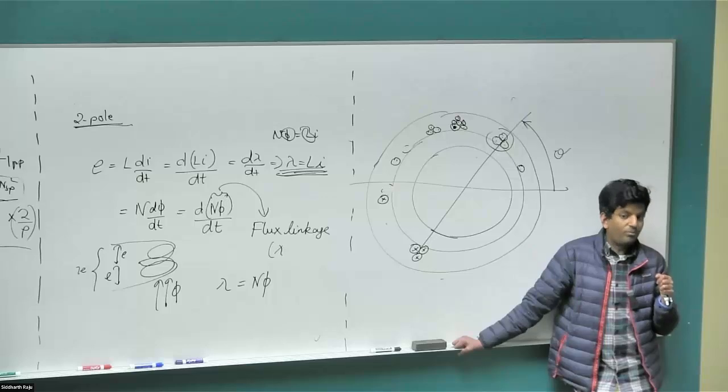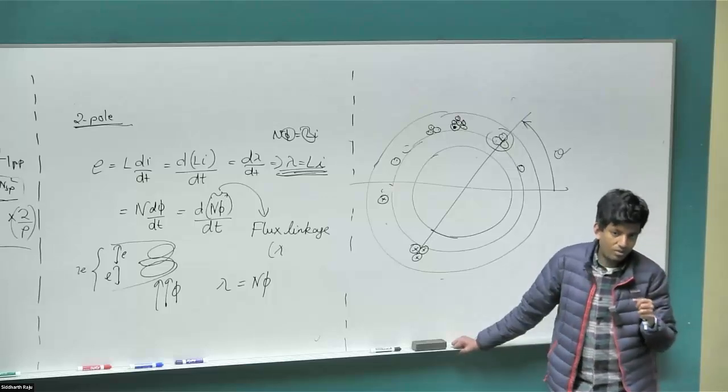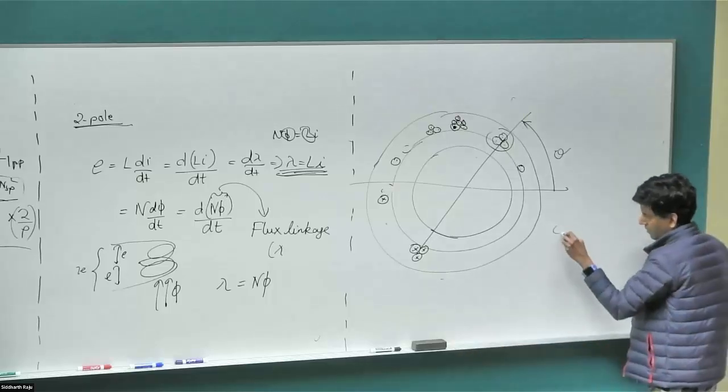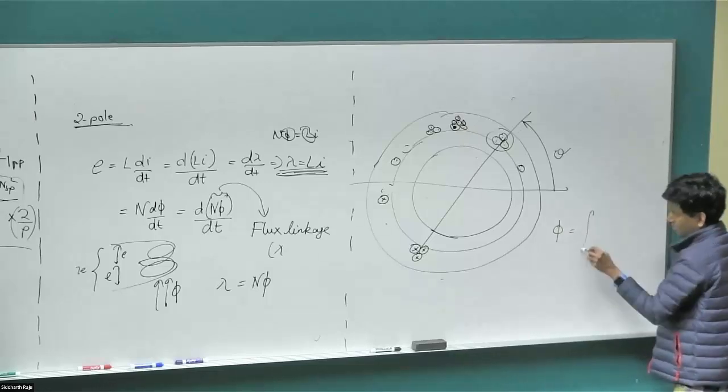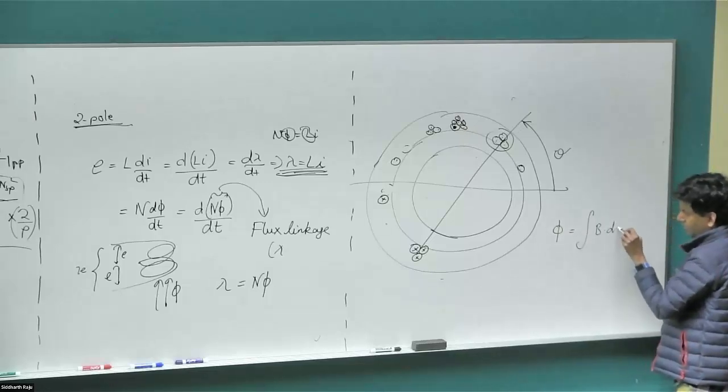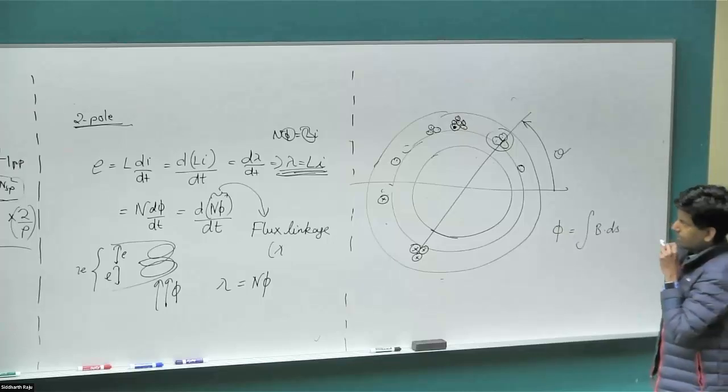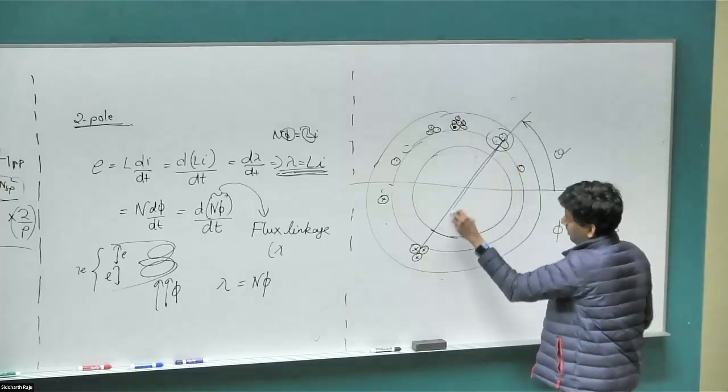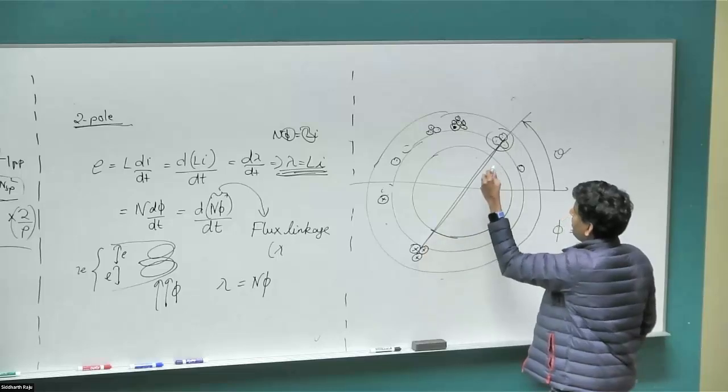What is the formula? B field times area. B field times the cross-sectional area. So our flux is just the integral of B dot ds. This is the cross-sectional area for this loop, which is pretty straightforward to figure out.